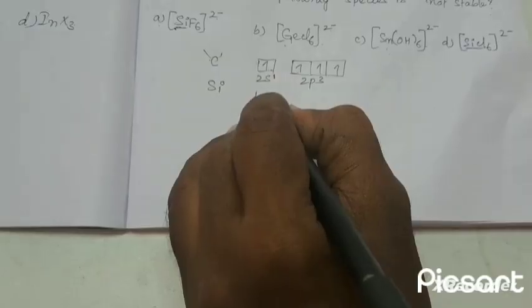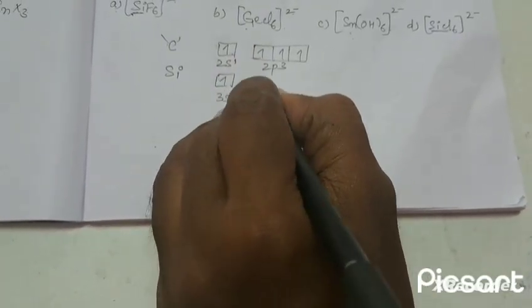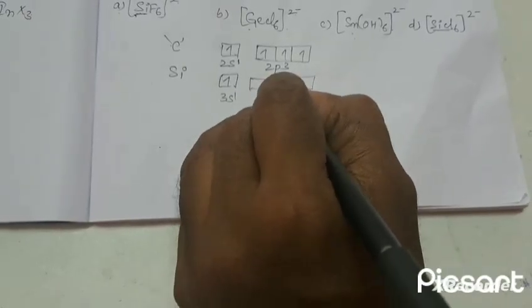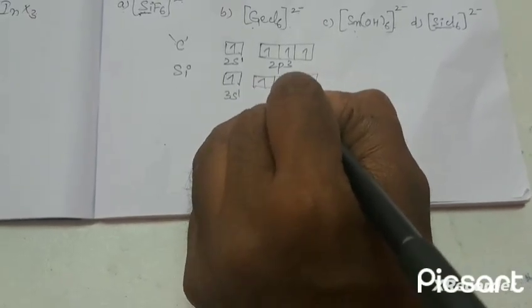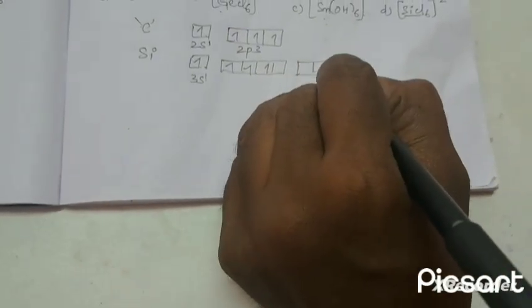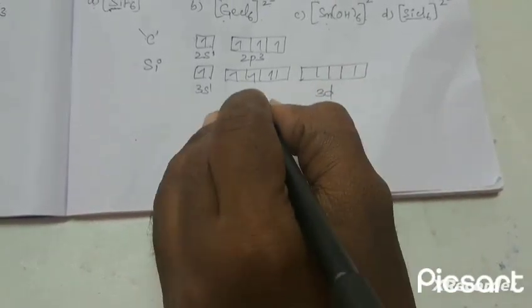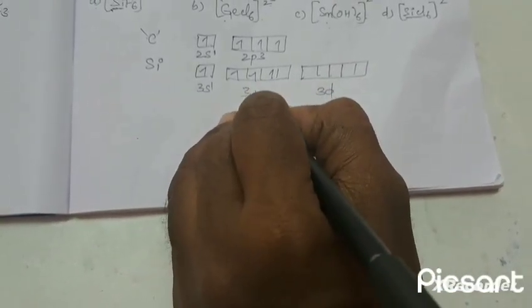And silicon has 3s1, 3p3, and after that a vacant 3d orbital is also present.